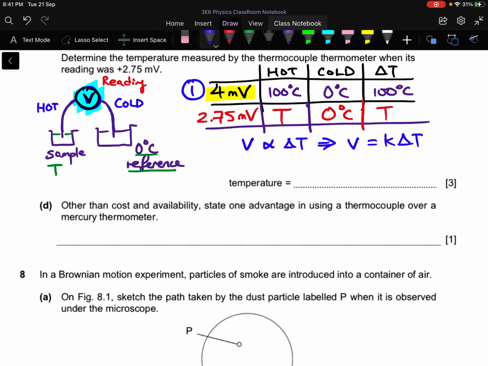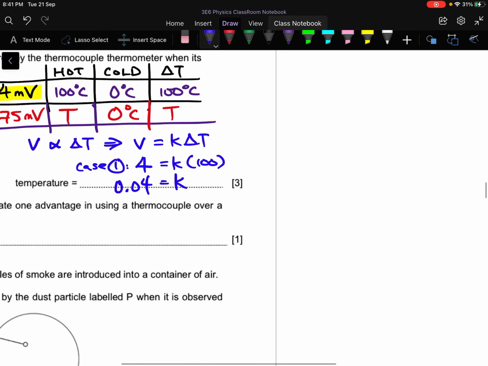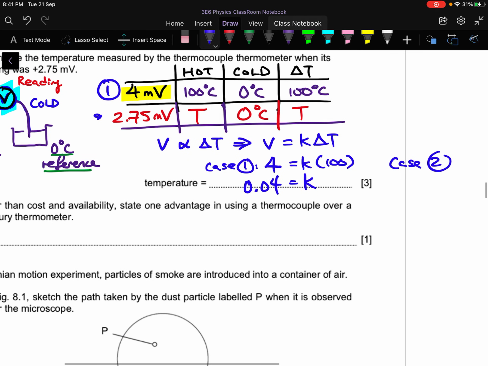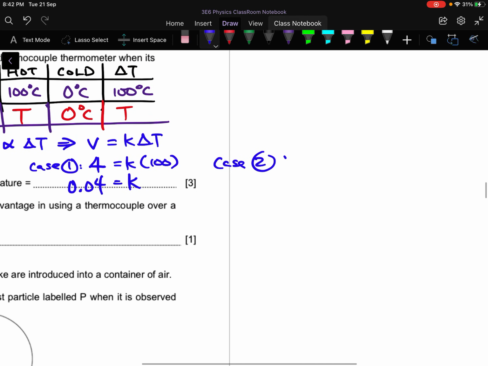For case 1, I have a voltage of 4 millivolt equals K times 100, so this gives me a constant of 0.04. Now I look at case number 2. It follows the same expression, but now I know my K.